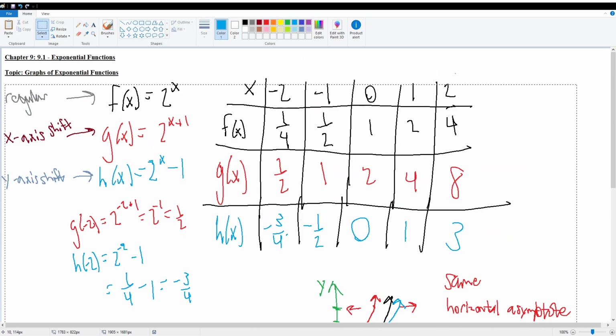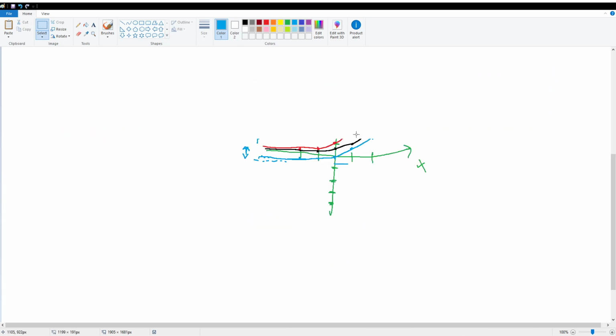And now what I want to look at are not shifts, but reflections, another kind of transformation. So if we have f of x equal to 3 to the x, we've seen this one before, but we can also have g of x equal to negative 3 to the x, and we can also have h of x, which is 3 to the negative x.